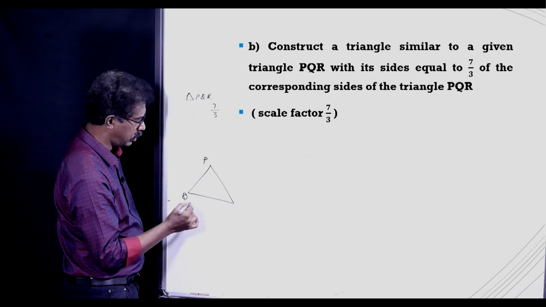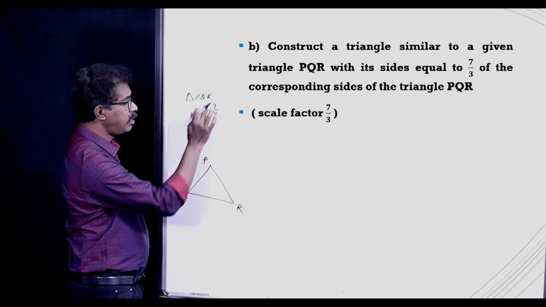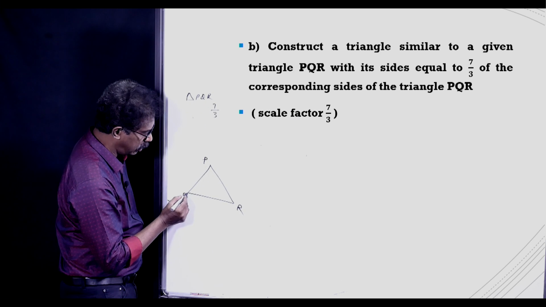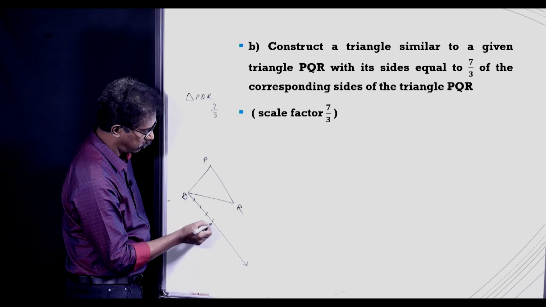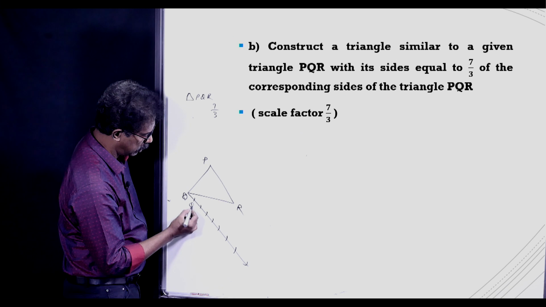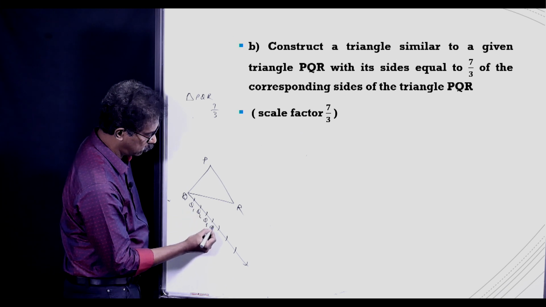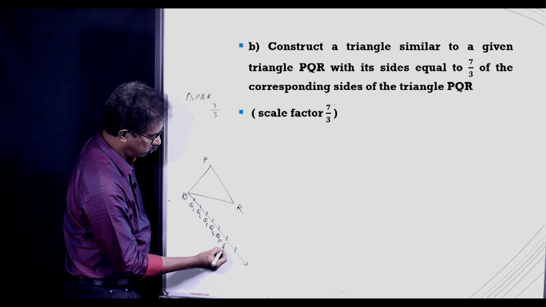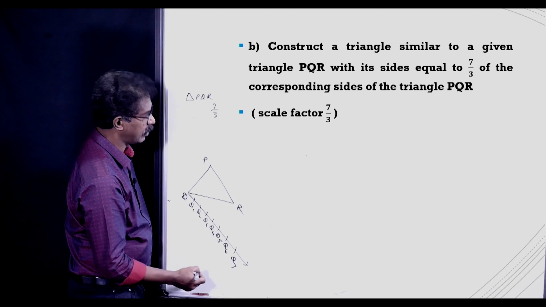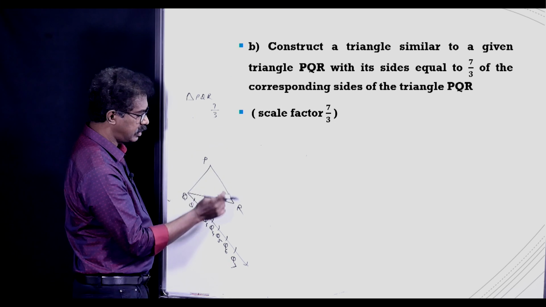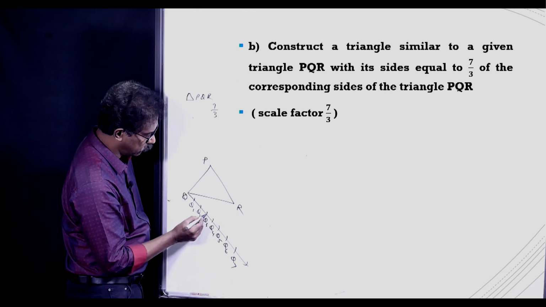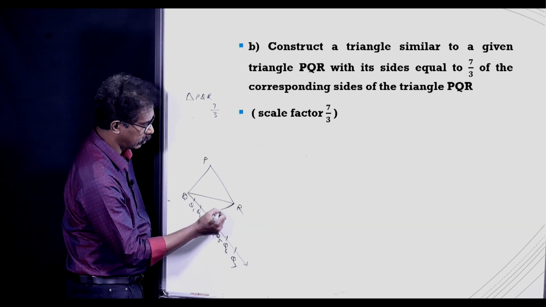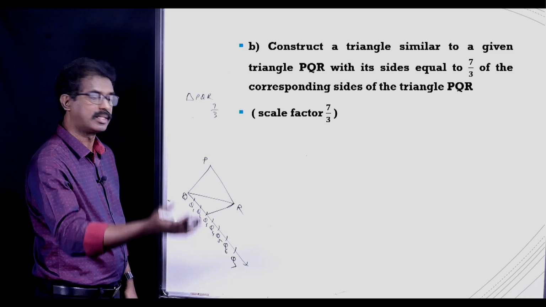For 7 by 3, you take any angle, draw a line and make 7 arcs here, right? 1, 2, 3, 4, 5, 6, 7. Name them Q1, Q2, Q3, Q4, Q5, Q6, Q7. And 3, this is the given one, the smaller one, right? This one you join with Q3. Okay?